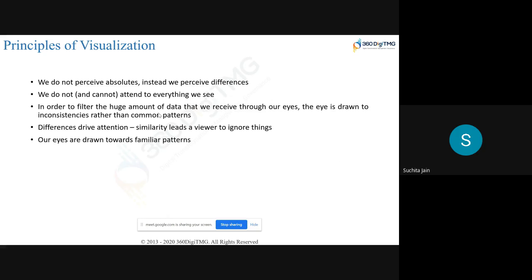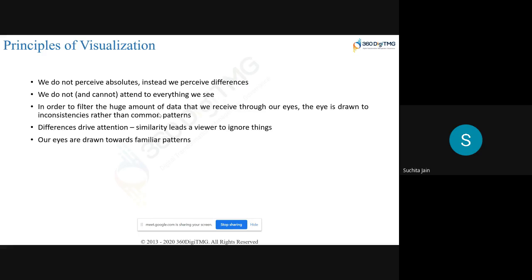Then there are certain principles of data visualization that we all should remember. We don't perceive absolutes, instead we perceive differences. So exactly what does this mean? That we try and find out what are the differences in the data, what are the gaps that we need to fulfill.